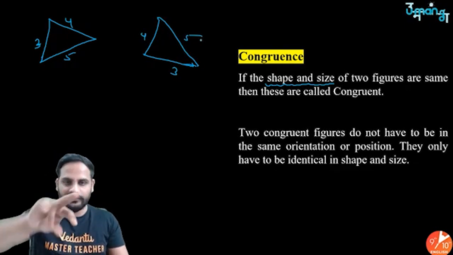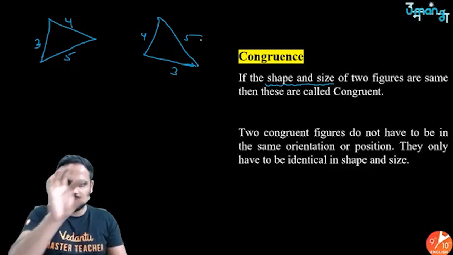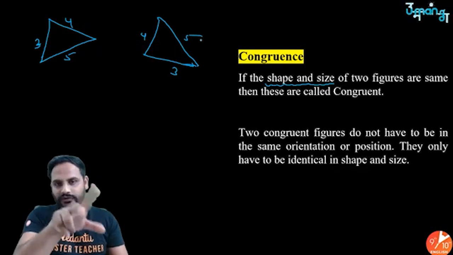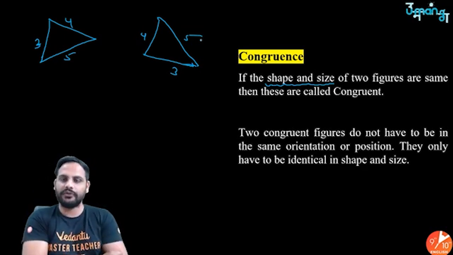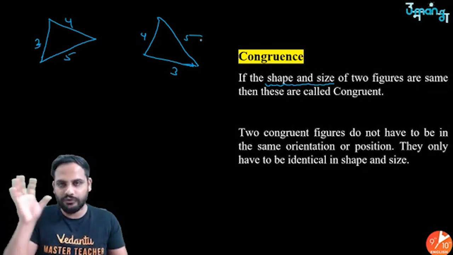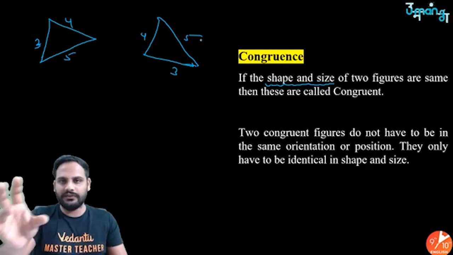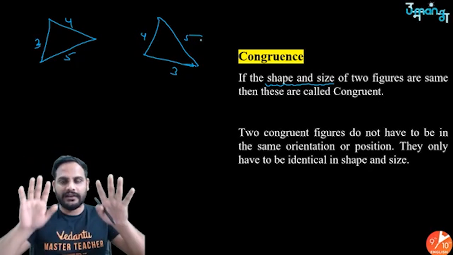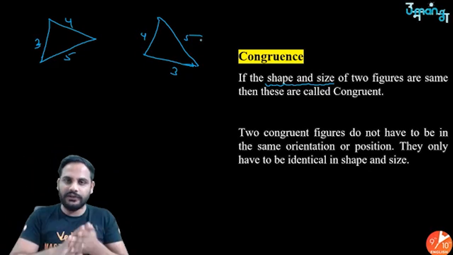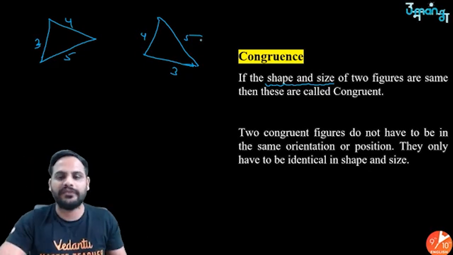You can do the rotation. If I rotate it, join the 3 centimeter side with 3, 4 with 4, 5 with 5, I will see they exactly overlap each other. So to check whether they are congruent, rotation and all that is allowed. It is not necessary that the shapes be kept in the same position. Only shape and size must be the same.